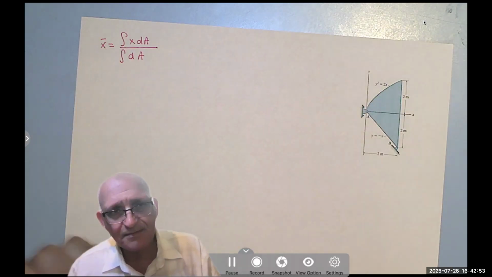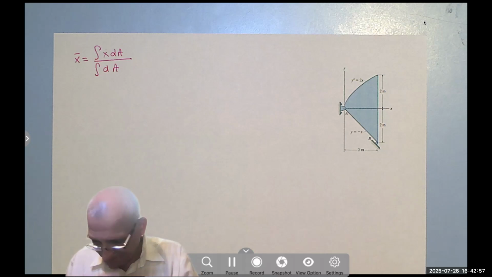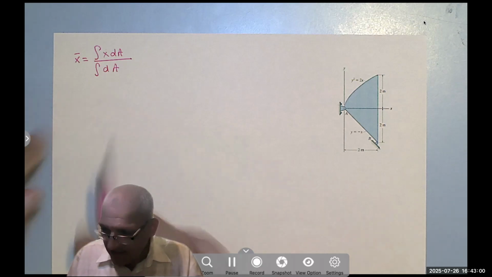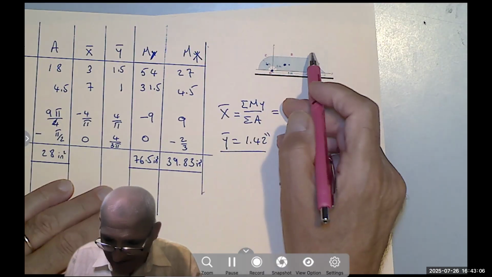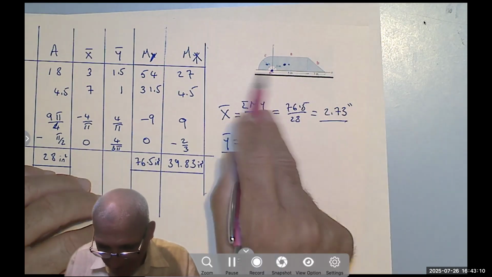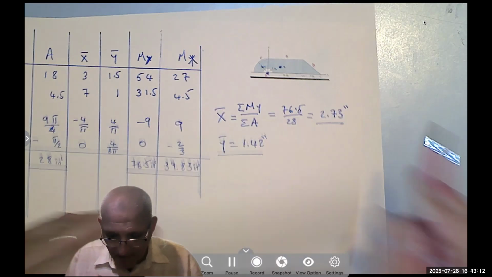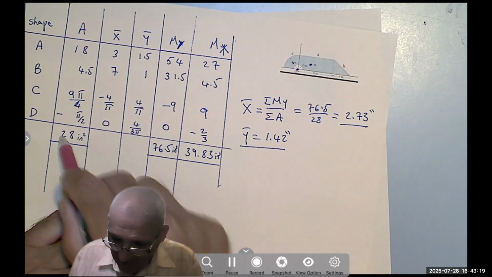What does that mean? Remember when we said, how did we find x bar of the composite shape? I said it's the x bar of each shape times the area, x bar of each shape times the area, and then at the end I divided by the area.